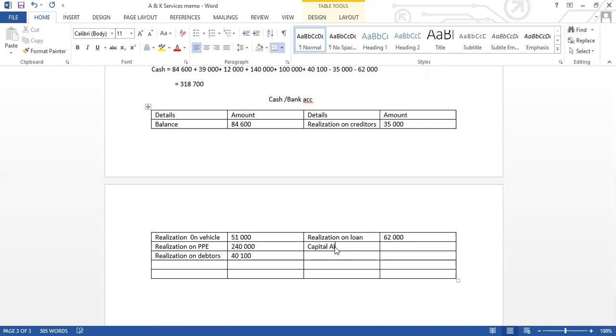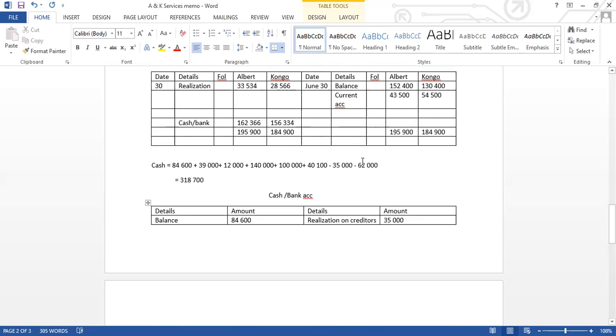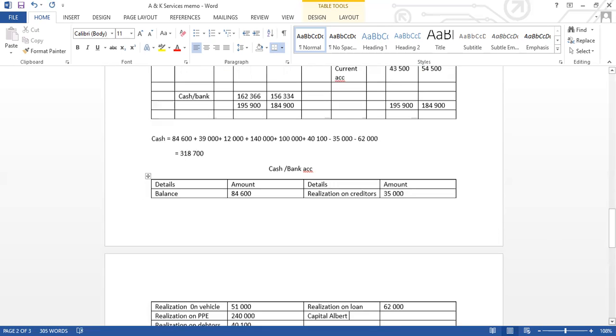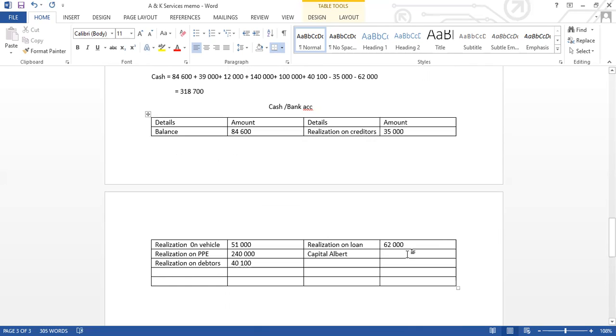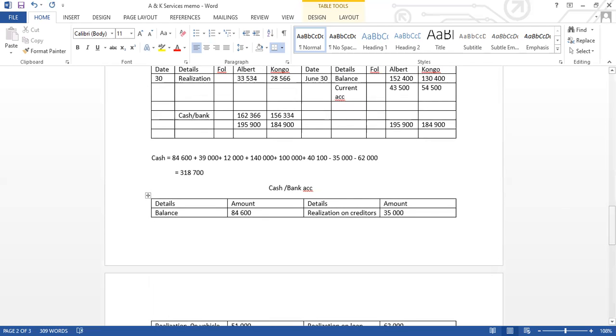And then we are told that we paid Capital Albert. Remember, we are paying, so our cash or bank is decreasing on the credit side. We paid Albert 162,366, and then capital Congo, where we paid him 156,334.